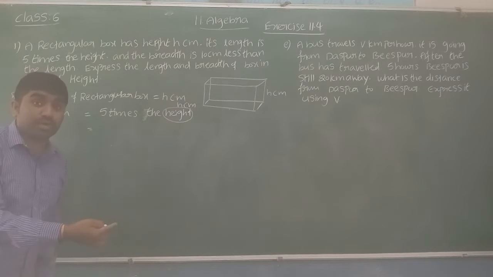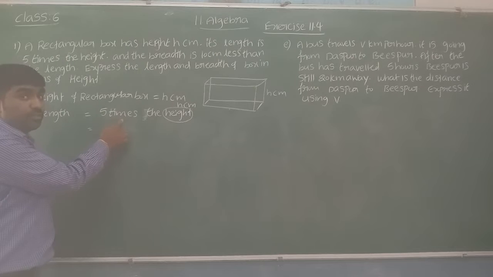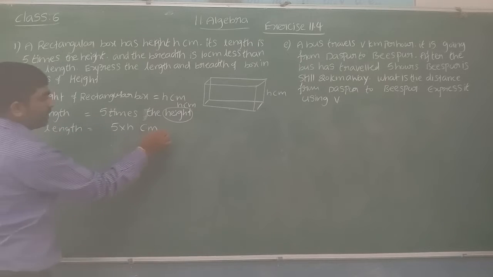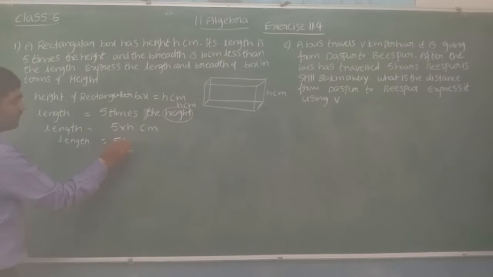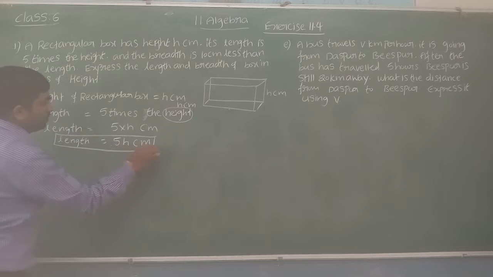Which operation can we do? Times of means into. We can write 5 into h centimeter. So this is the length. 5 into h, we can write 5h. Length is equal to 5h centimeter. Yes, we got the length.